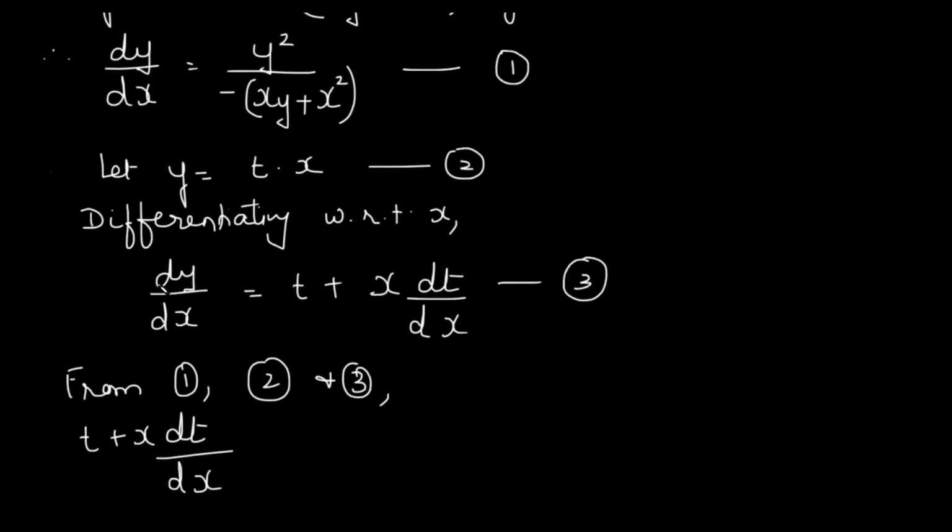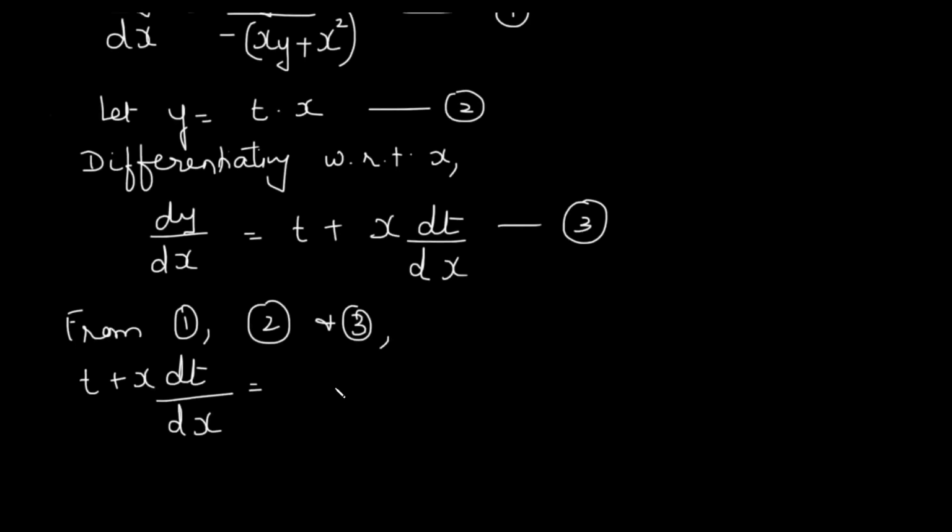I hope you understood what was done over here. We write equation 3 value over here, is equal to, now from 2, y is t into x. So in equation 1 wherever y comes we put that y as t into x.